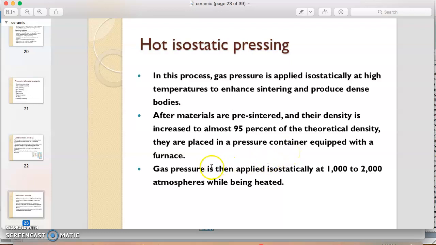And we apply the gas pressure of 1000 to 2000 atm while being heated. So hot isostatic pressing is the same as cold isostatic pressing. The difference is only in the working environment, in which we increase the temperature during the pressing.